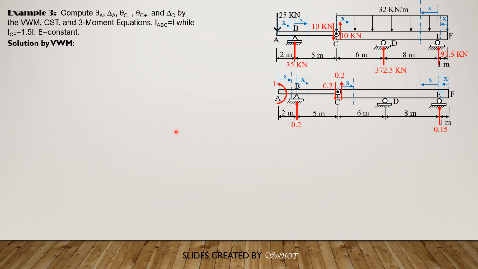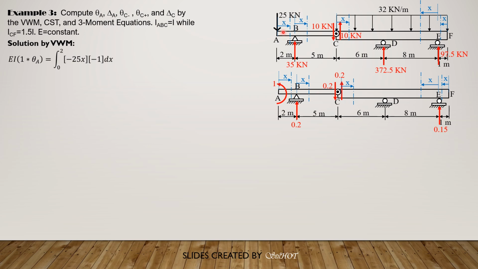So remember that the virtual work expression is EI times 1 times theta A equals the integral of the moment at a section due to the actual loads, times the moment at the same section due to the virtual load, dx, because we multiply everything by EI for the left side. So EI times 1 times theta A equals integral.